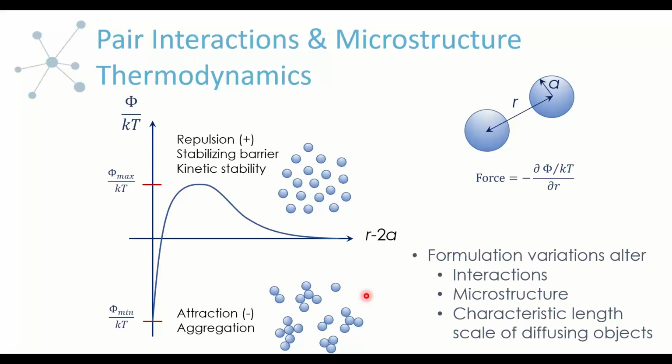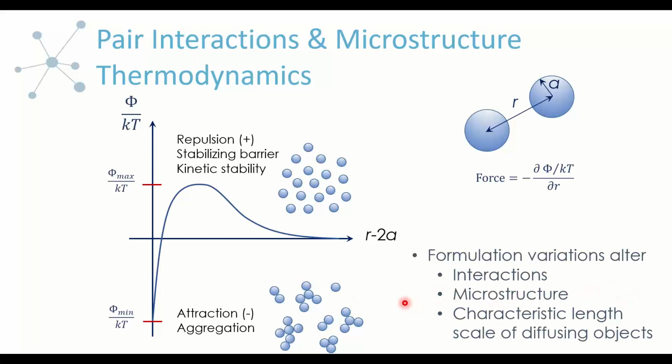And this is just a hypothetical particle. Each protein and each formulation that a protein is dissolved in will have a unique interaction potential curve. The formulations that we use can alter the interactions, altering this curve, which can then alter the microstructure, what kind of clusters these proteins will form, and change the characteristic length scale of the diffusing objects.